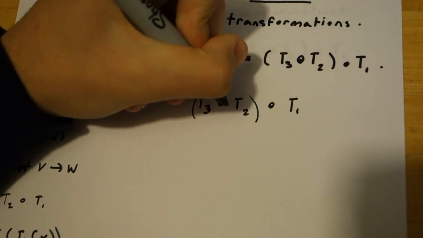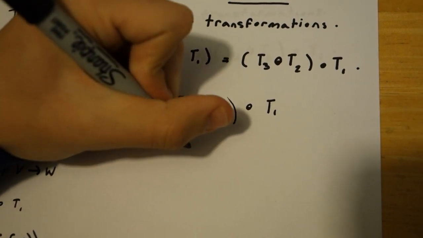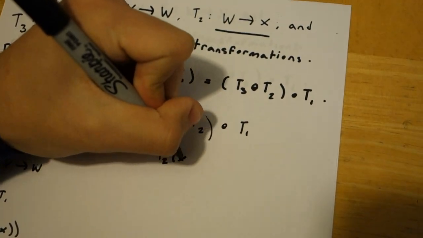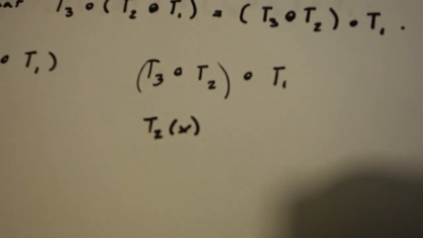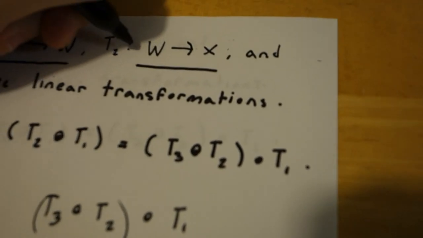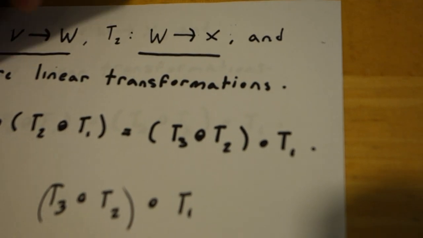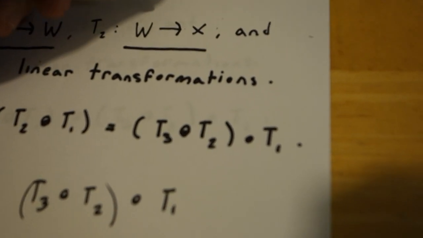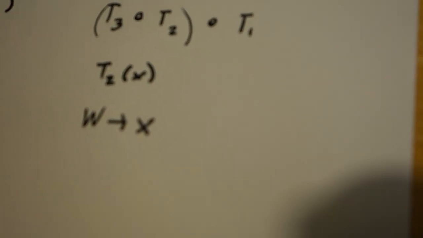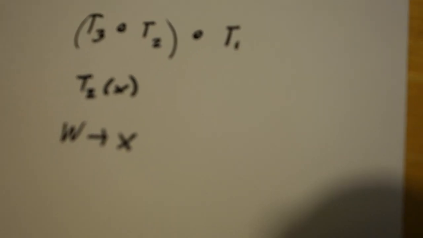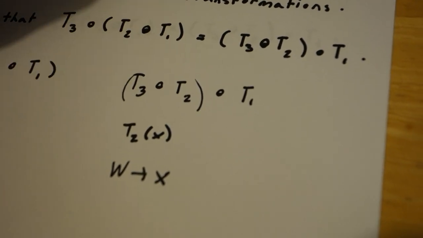We're going to begin with T2(x). Once you apply the transformation T2, a vector in set W is transformed to a vector in set X. As you can see, this is different from this step in the left equation, but we'll see if at the end we get the same thing.